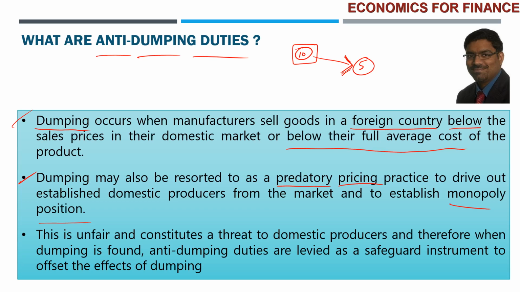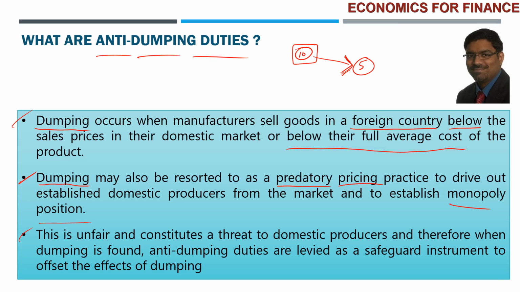So that's a kind of predatory pricing. Every country will do that, every manufacturer will try to do that to get a maximum market share in another country. But if it is evident and proven that it is intentionally done, then it is definitely dumping. In all the examples we are taking, we cannot prove that. We are only looking at them because we saw them. We assume that could be the reason.